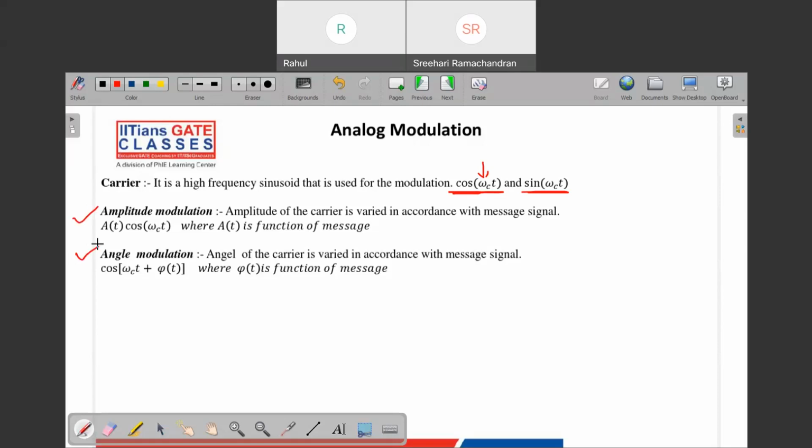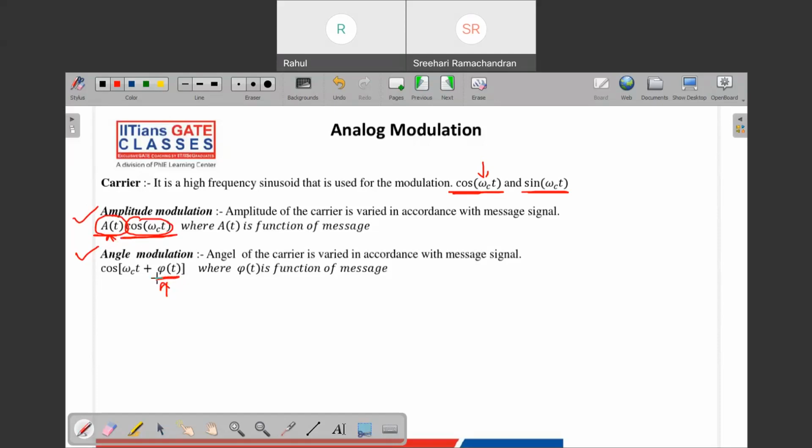In the case of amplitude modulation, the message is going to modulate the amplitude of the carrier. This is the carrier, and its amplitude is being modulated by the message. So this ET that you see here is a function of the message. In the case of angle modulation, the angle of the carrier is being modulated by the message.